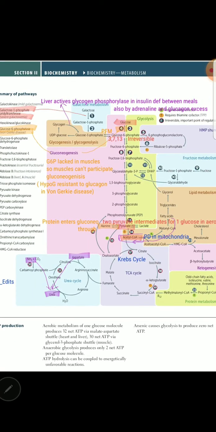So this is the reaction in the opposite direction of the first step of glycolysis, that is, conversion of glucose 6 phosphate into glucose molecule.